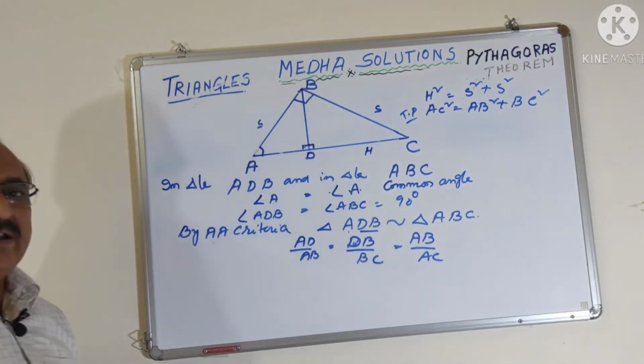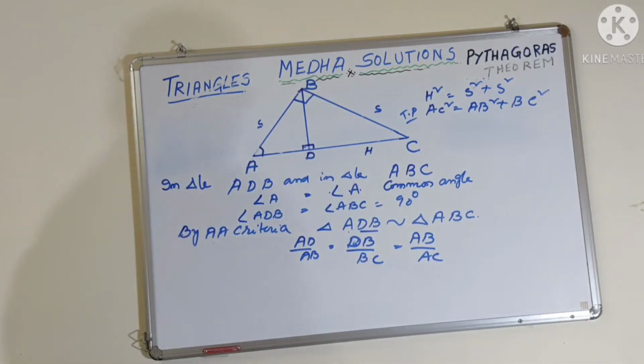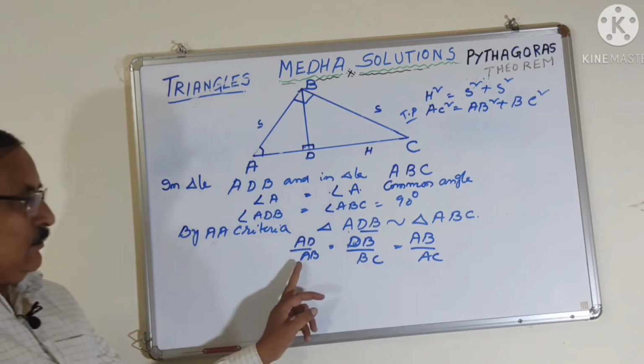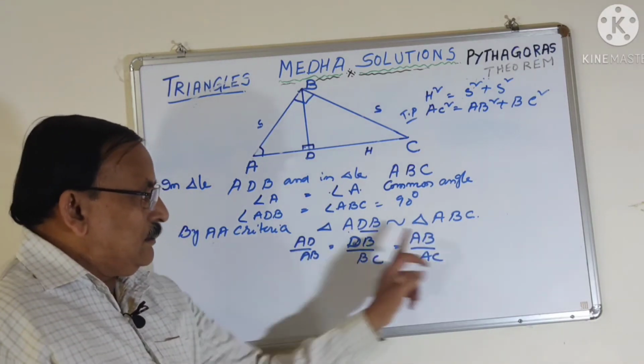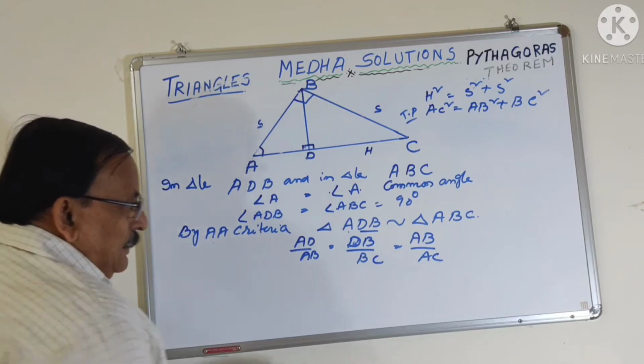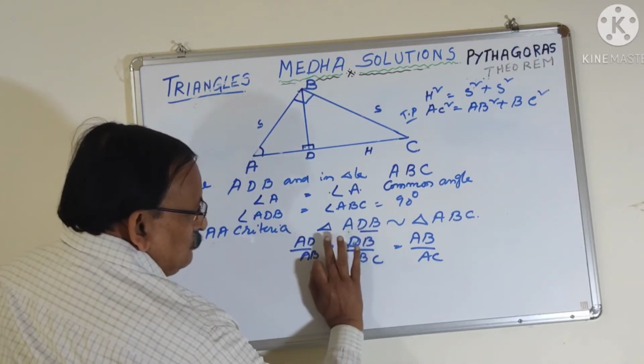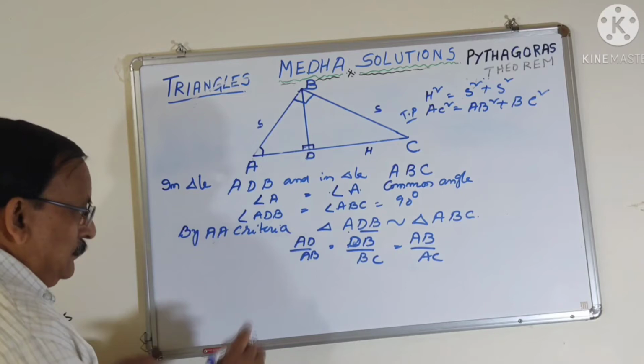Here three ratios of sides are equal, and here AB is repeating, AB and AB. So keeping it separately, we are taking this fraction as equal.